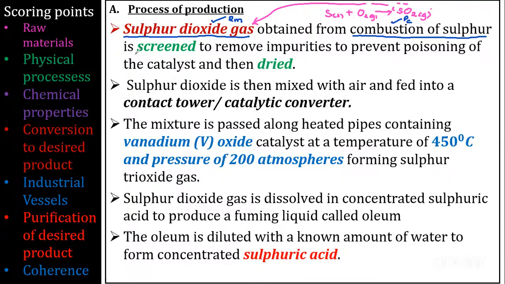So screening to remove impurities earns you a mark of a physical process. And even drying to remove water in case of its release remains a physical process because there is no chemical reaction. It is simply attraction of water by the drying agents.